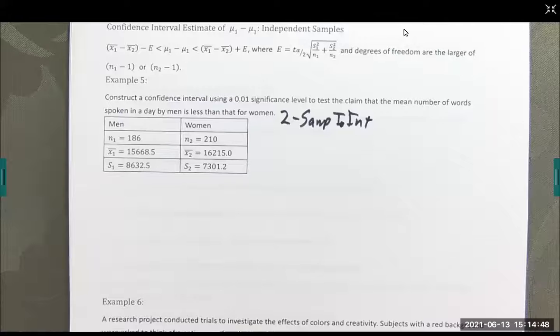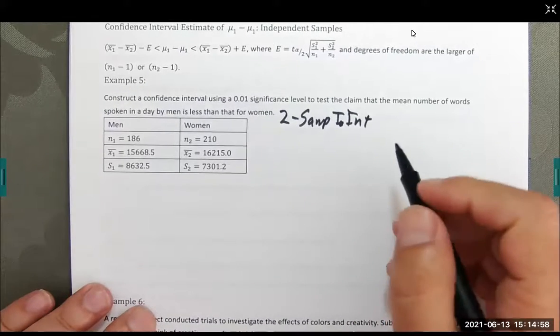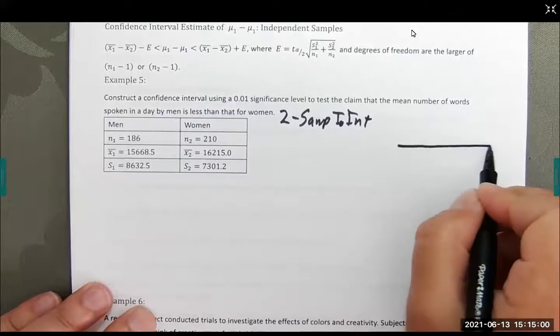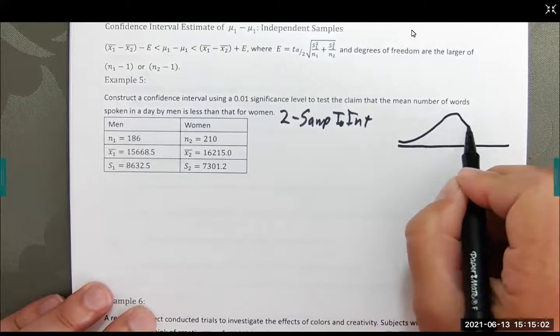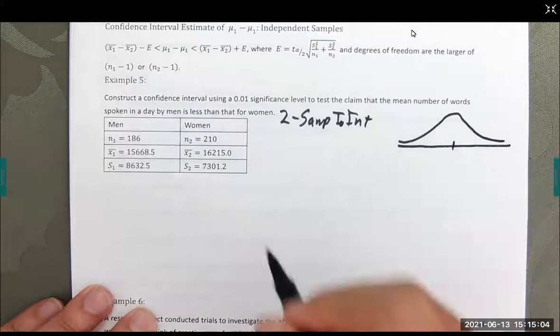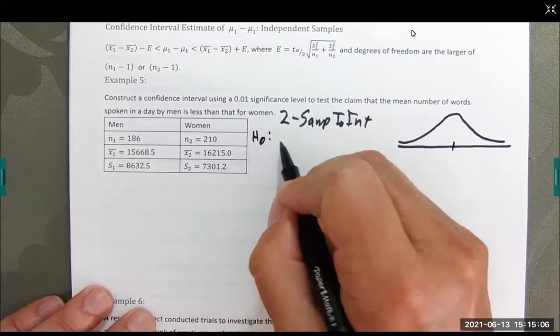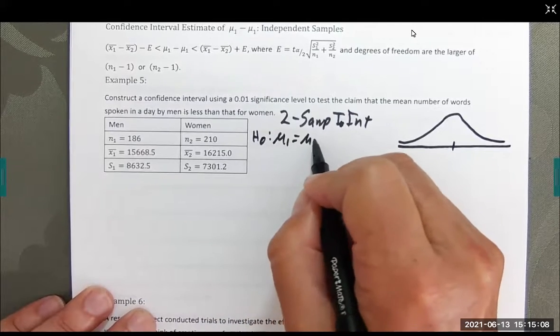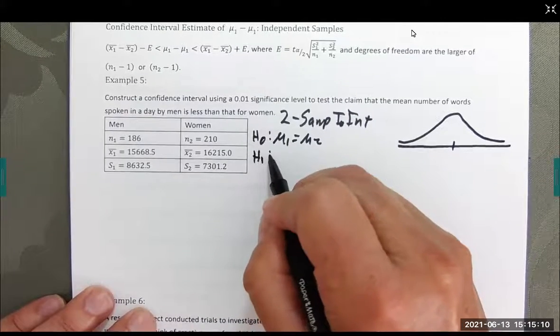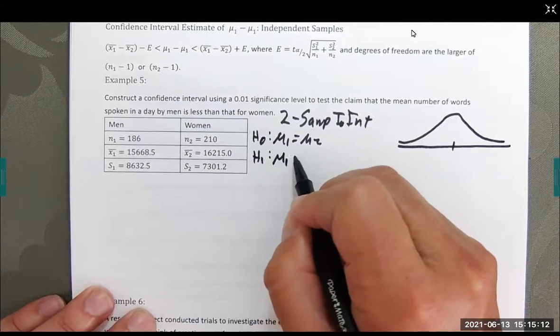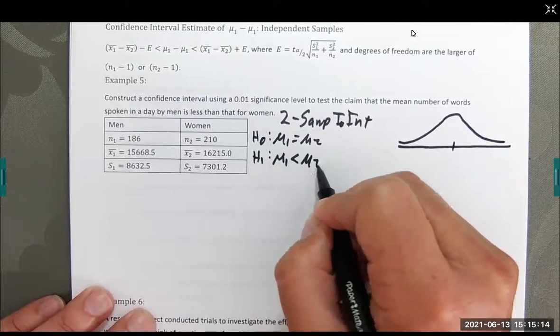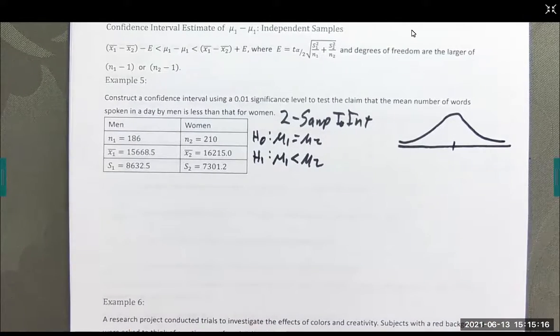And now there's something we have to keep in mind with this. When we have a one-tailed confidence interval, which we do, because if you remember the previous one was like this, and it was a one tail.